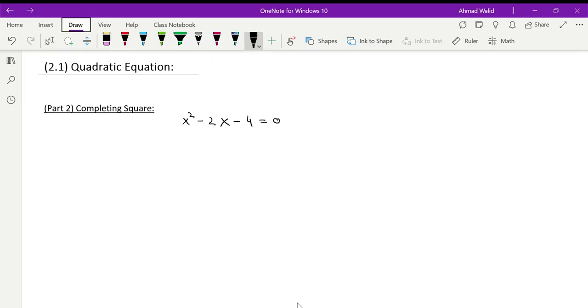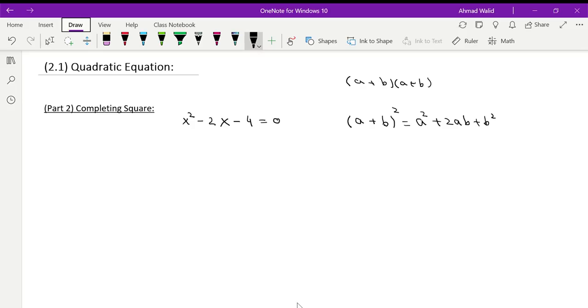Remember when I did an extra lecture for you, I used (a plus b) squared, or a plus b times a plus b. If you FOIL this and multiply the two parentheses, you end up with a squared plus 2ab plus b squared.